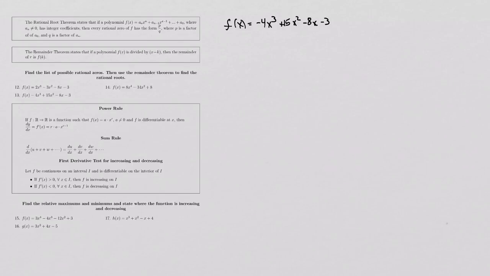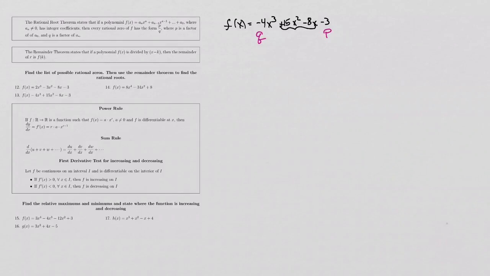This is number 13 on the sheet that you have. With this, we don't even need to pay attention to this part right here. The only thing we need to concern ourselves with is labeling my q and my p. Fight the urge to write this in alphabetical order. And then we need to list all of our factors.